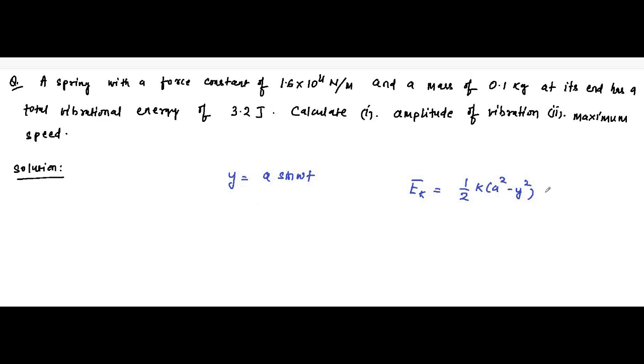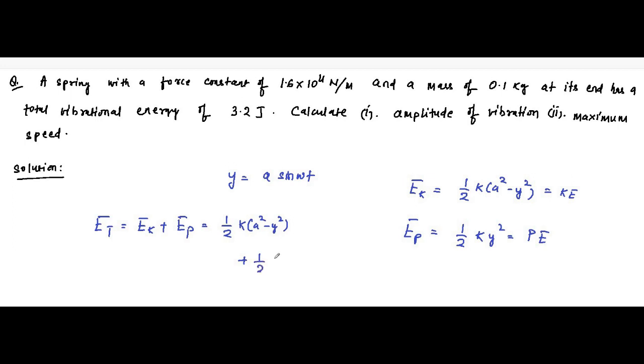This is kinetic energy. Then the potential energy is given by 1/2 k y². So the total energy will be the sum of kinetic energy and potential energy, which is equal to 1/2 k (A² − y²) plus 1/2 k y².